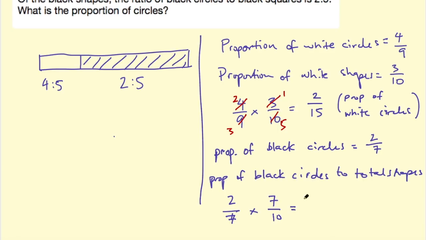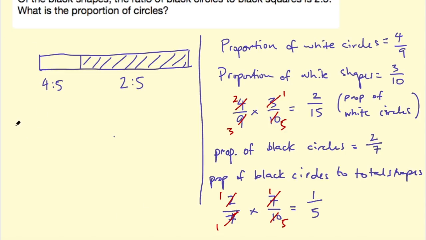And we can do some cancelling again, so the 7s are going to cancel. 2 and 10, well that's actually turned out really nicely. That's going to be 1/5. So 2/7 of 7/10 is 1/5. So the proportion of black circles to total shapes is 1 over 5. The proportion of white circles to total shapes is 2 over 15.